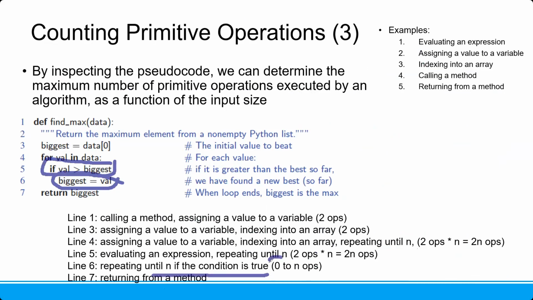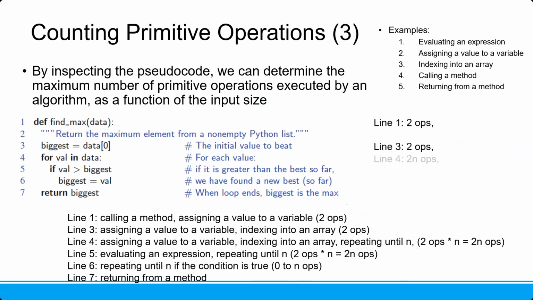If there is no true condition, you can say it is just true. If there are some values that we need to check, then we will go until n number. So this one is the minimum, and this one will be the maximum. And the last one we can just return from the method.